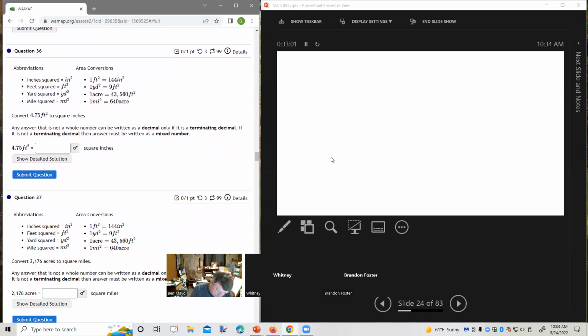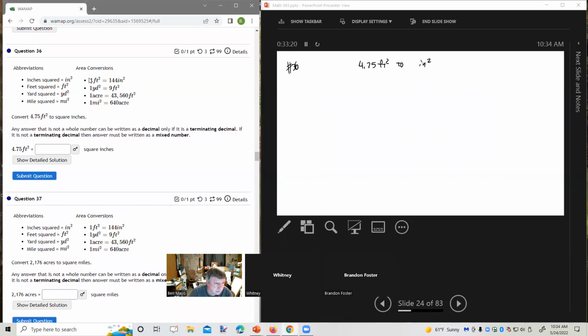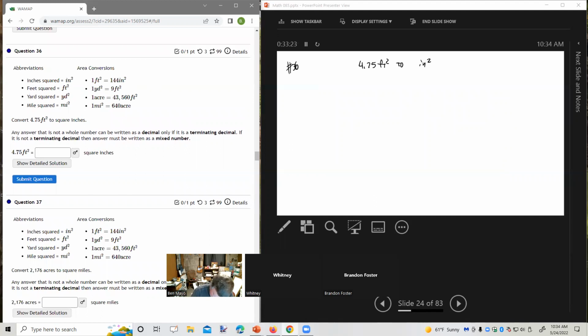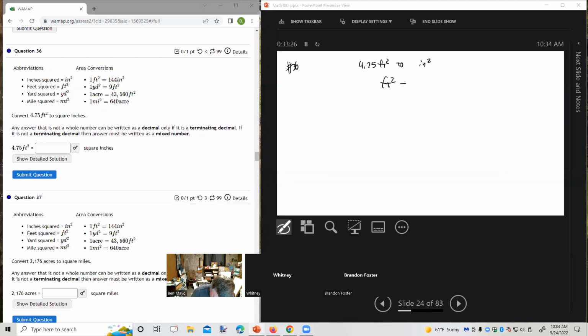Number 36. Convert 4.75 square feet to square inches. And I see that I have a unit conversion, an equation here that will allow me to go straight from square feet to square inches. So 4.75 square feet, square inches. 1 square foot is 144 square inches.